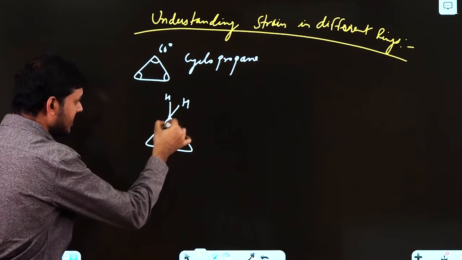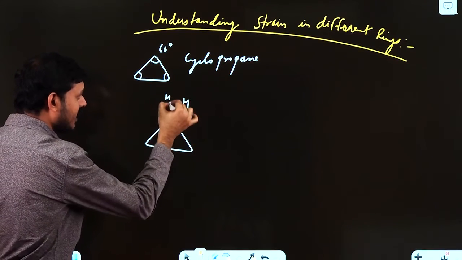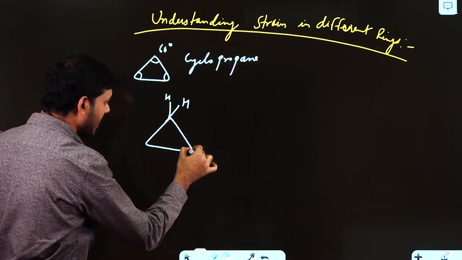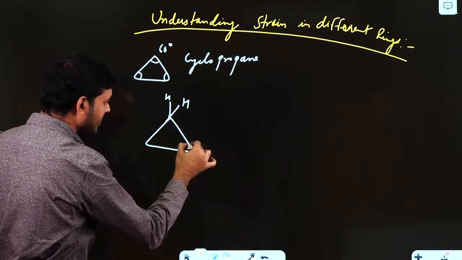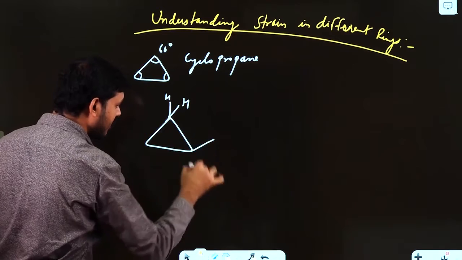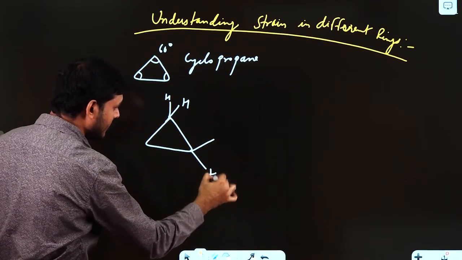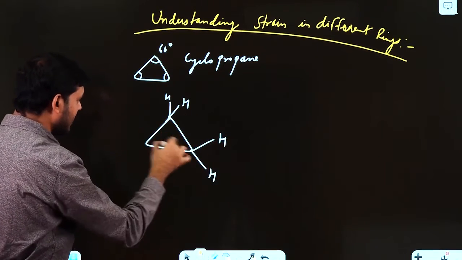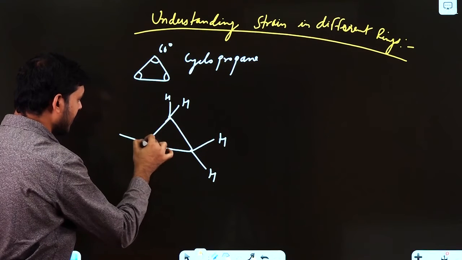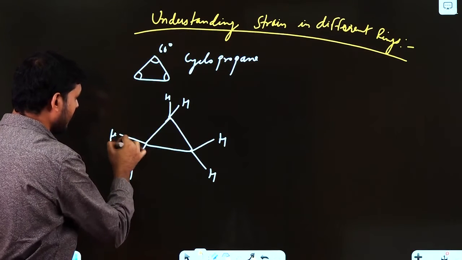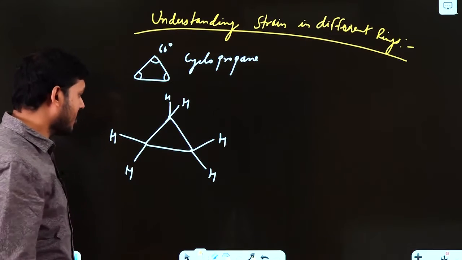If I am saying these two are on this carbon, one must be on the back side and one must be on this side. Again here also, one must be on the back side and one on this side. Here also, one must be on this side and one on that side, okay? So this is your cyclopropane.